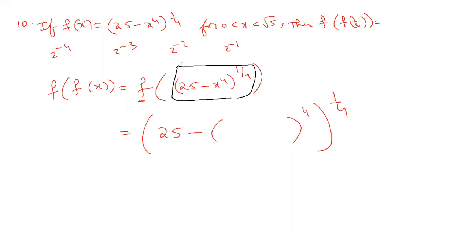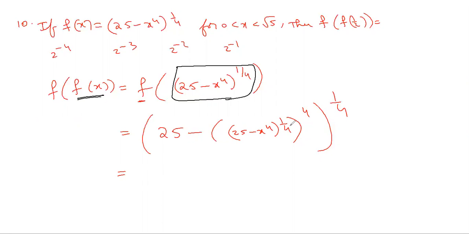For the first step, I replace f of input with 25 minus the input power 4, whole power 1 by 4. What is that input? That input is 25 minus x power 4, the whole power 1 by 4. So if you write this step properly, then we are done.